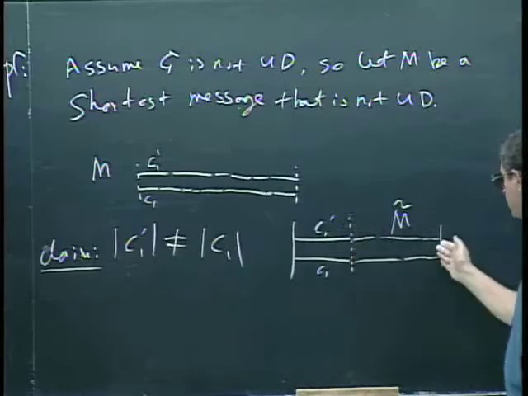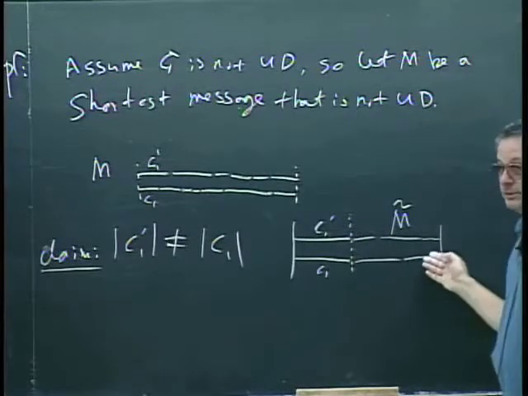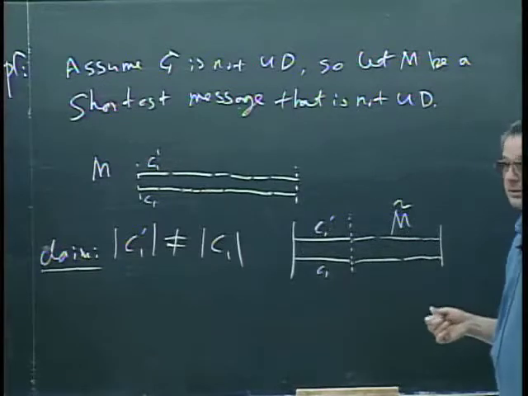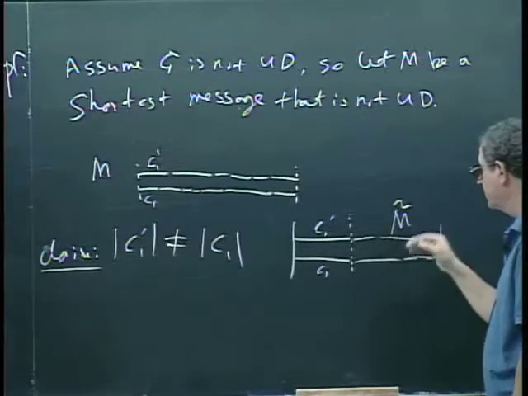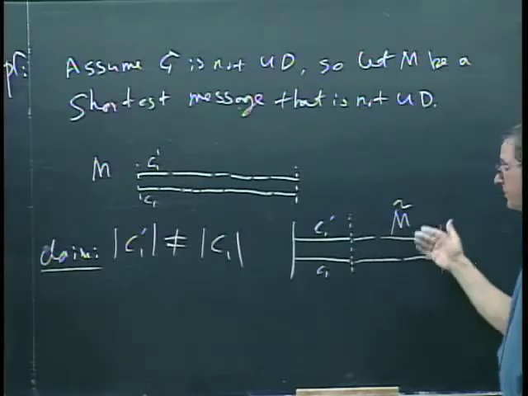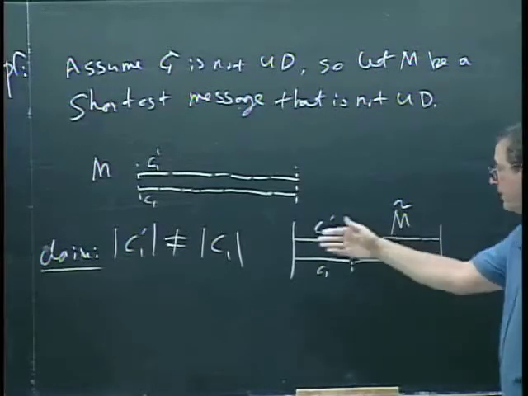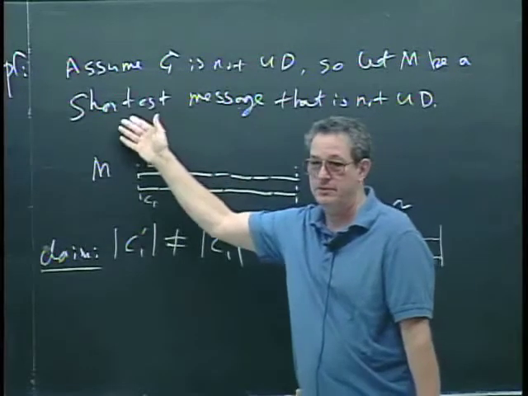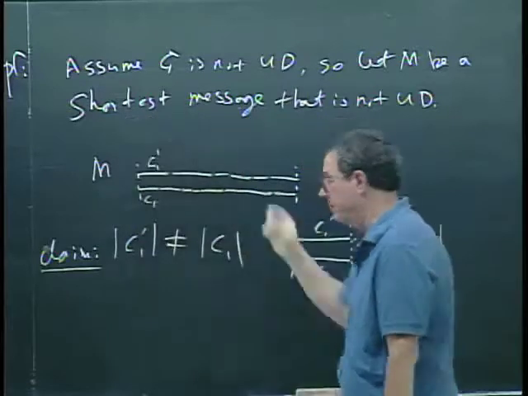It has two different parses, because if it didn't, then M itself wouldn't have two different parses. So this would be a message that has two different parses, but it's shorter than M, and that contradicts our choice of the shortest message. So it's very useful to have the assumption that M was the shortest message.